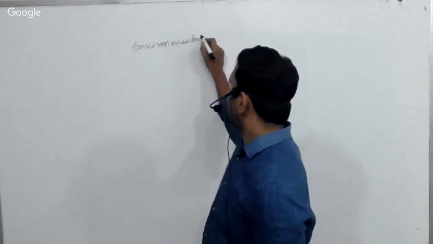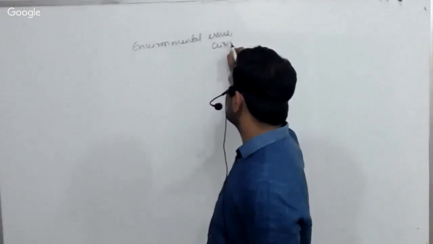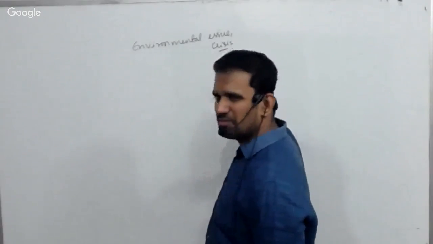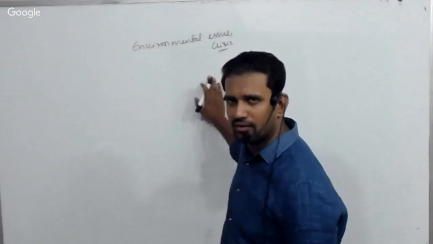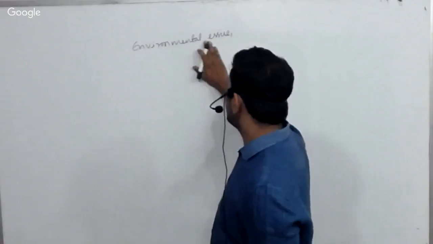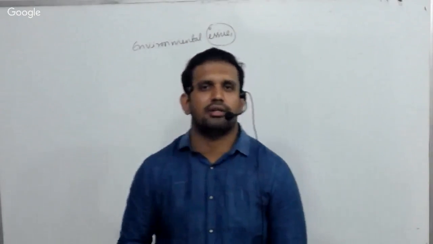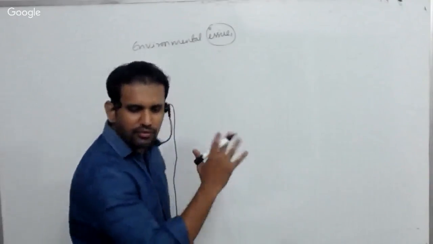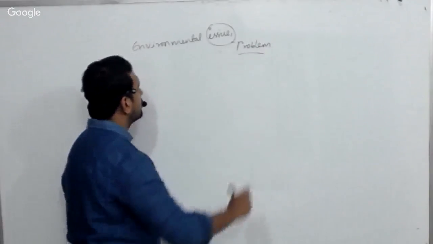Environmental issue means what? Then you will see the environmental crisis. Then environment conservation, preservation, management, many things are there. We'll discuss it later on. Let us understand what is an environmental issue. Issue is a general English word. It means a problem. So we have simplified it as a problem. Fine, very good.